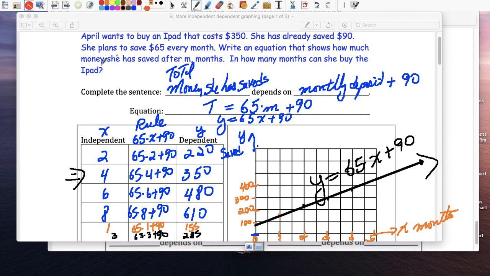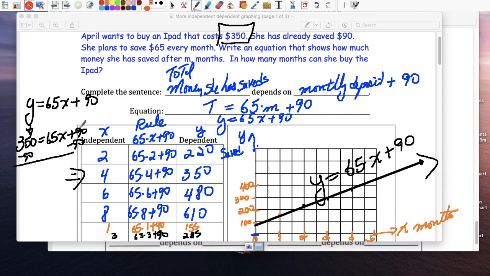Another way of finding this is we had our equation, y equals 65x plus 90. 350 represents the total. We could have just substituted that and solved for x. We do minus 90 on both sides. That goes away. 350 minus 90 is 260.